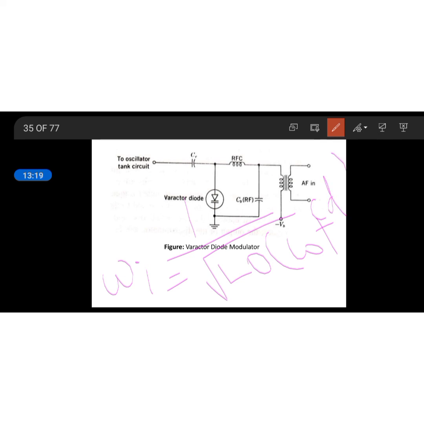CD is nothing but K into VD to the power minus 1 by 2, which you substitute here, and you will get the equation for instantaneous frequency.